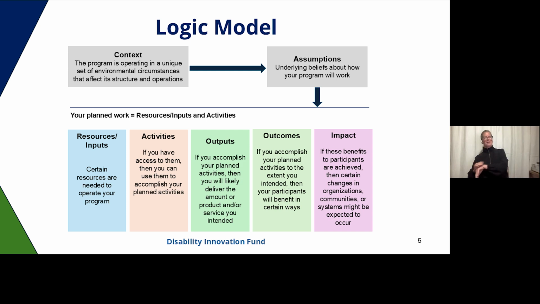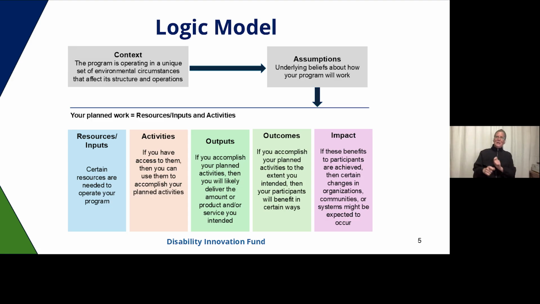When activities are implemented, they produce outputs, the direct products or services delivered, like the number of people trained or workshops held. From there, we look at outcomes, and these are the benefits or changes that occur for participants, such as increased knowledge or changed behaviors.